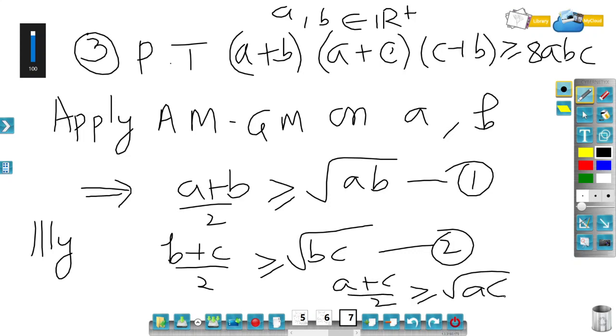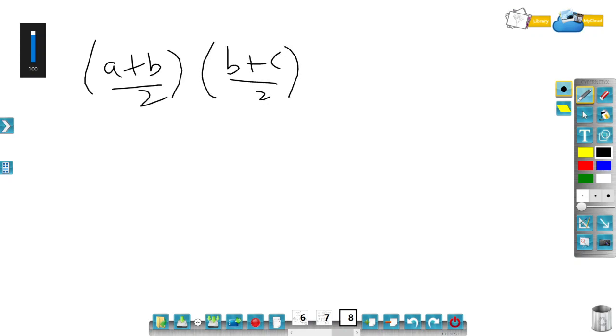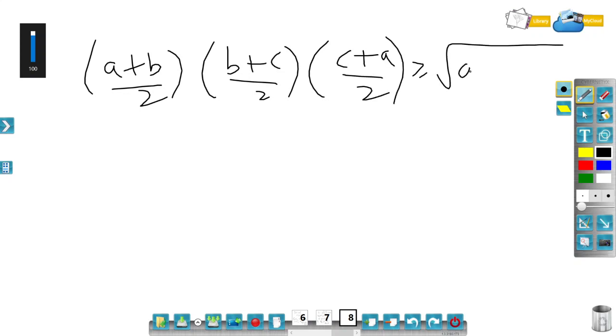c. So if I multiply all these three, what I'll get is as follows: (a plus b) by 2, (b plus c) by 2, and (c plus a) by 2 is greater than or equal to under root of ab, bc, ca. Right?